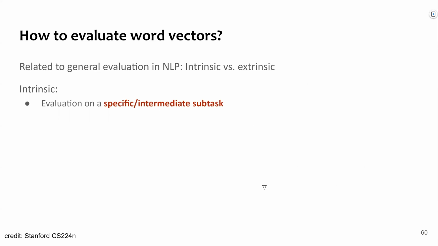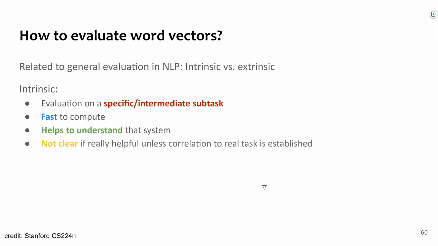Intrinsic means evaluation on a specific intermediate subtask. It is fast to compute and helps to understand the system. And it's not clear if it's really helpful unless correlation to a real task is established, because we are just evaluating on a specific and intermediate subtask.